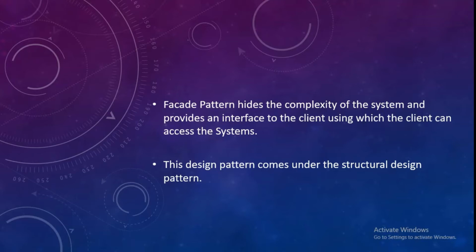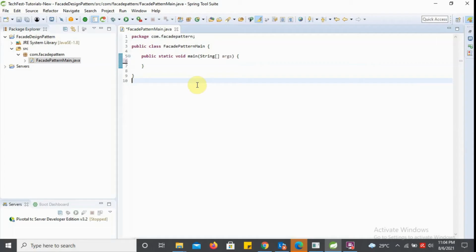So let's jump into the implementation part of this. For the implementation of the facade design pattern, I have created one Java project, and there I have created one main class.